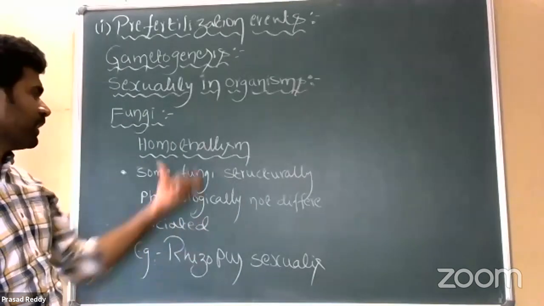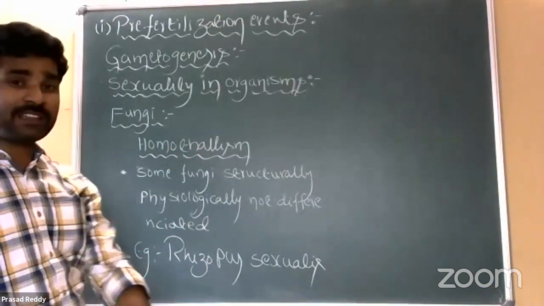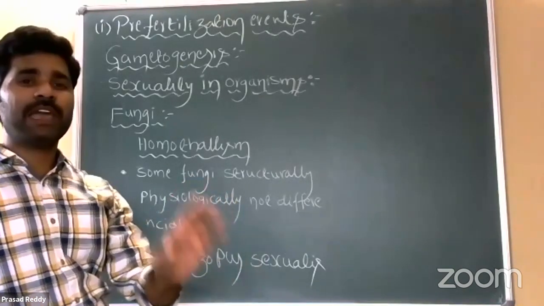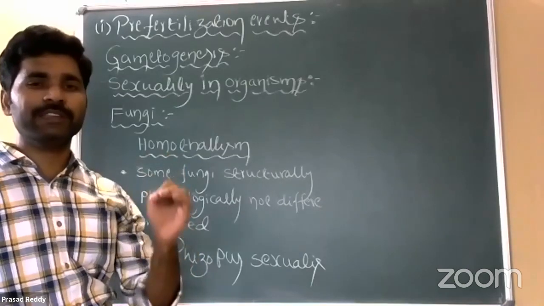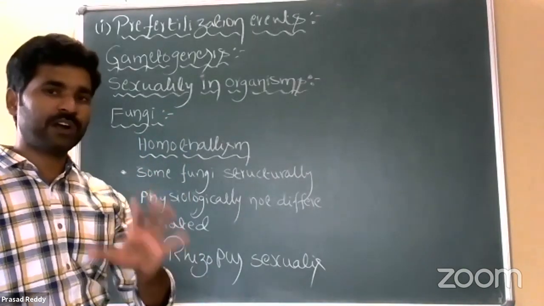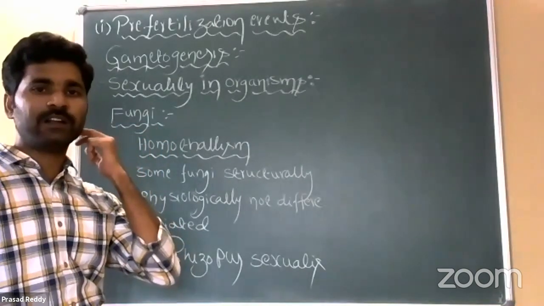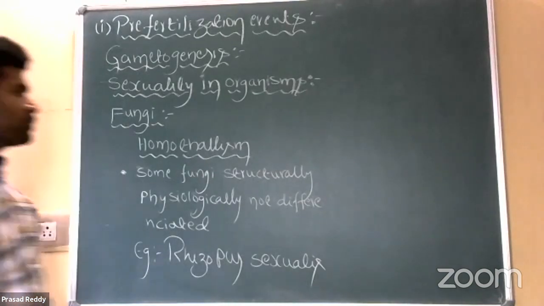That's the reason we call them homothallic organisms. So, to put it easily, both male and female reproductive structures are located on the same thallus. These types of organisms are called homothallic organisms. Best example, Rhizopus sexualis.